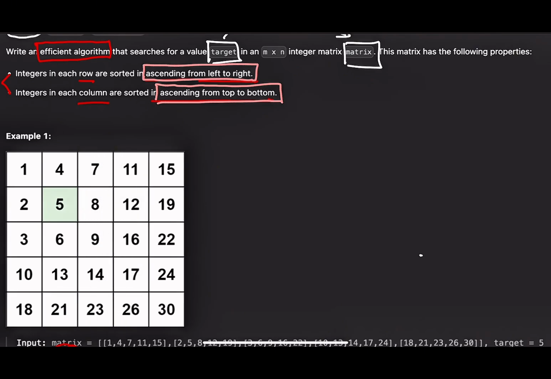I'm gonna give you a hint: you can have a look at this one. Let's think of this whole thing as a 1D array, and you will see that we have a sorted order too. So 1, 4, 7, 11, 15, 19, 22, 24, and 30 is in sorted order, right?